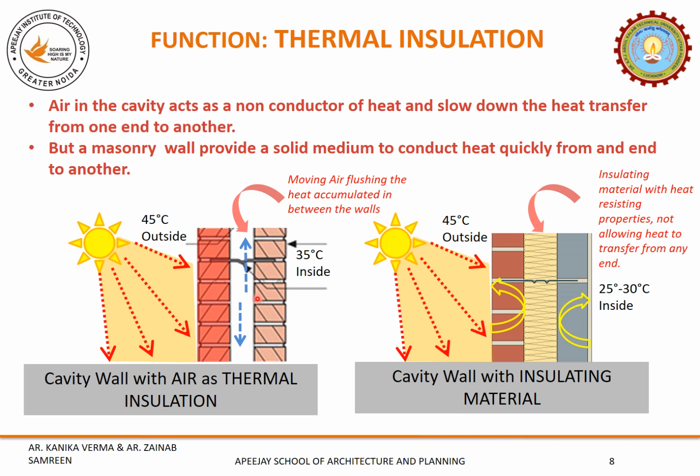To enhance this, we can also fill the cavity with some insulating materials which have heat resisting properties, which absorb heat and do not allow it to transfer from any end. So here you can see the outside temperature is 45 degrees Celsius, but the inside temperature is 25 to 30 degrees Celsius, which is very comfortable for us.